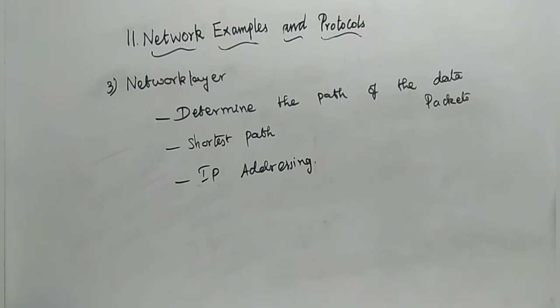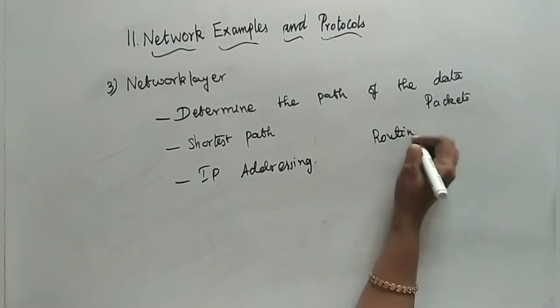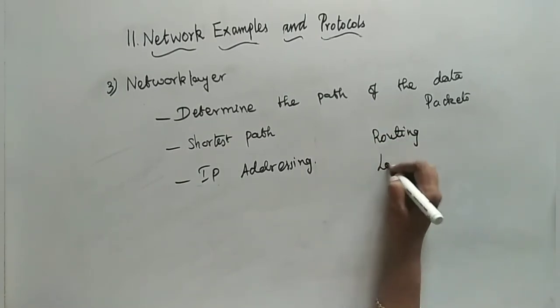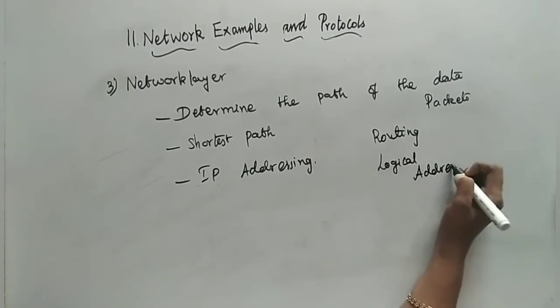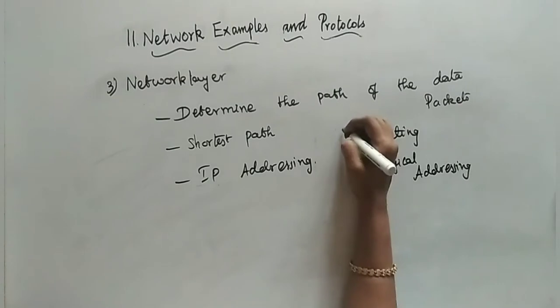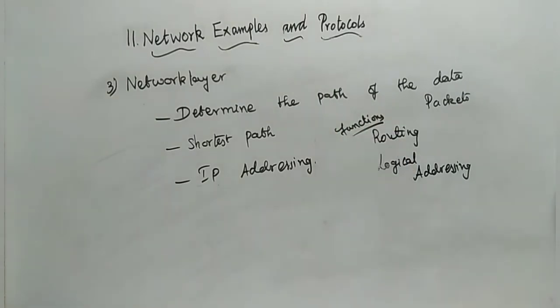Next, we can see the two functions here. That is your routing, and the next one is your logical addressing. So these are the two functions of the network layer. What is the task of the network layer? It is going to determine the path of the data packets, and the path it selects must also be the very shortest path only.